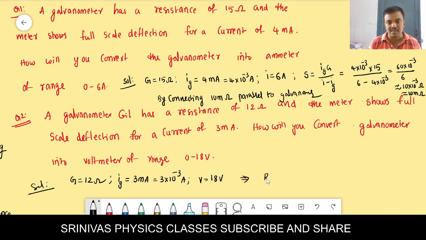How will you convert into a voltmeter? For that we should connect a series resistance. The series resistance formula is V by Ig minus G. Is it correct? The voltage is 18, maximum current 3 into 10 to the power of minus 3, minus G value 12.